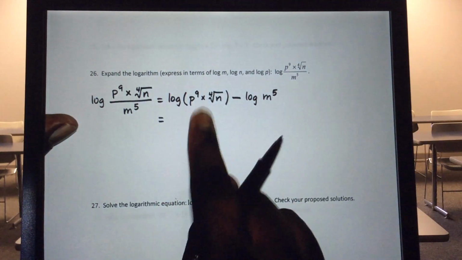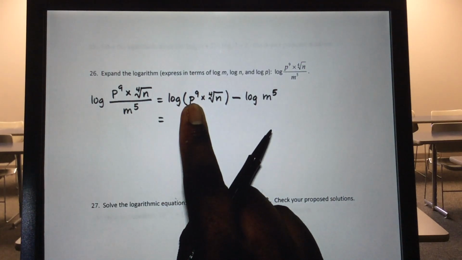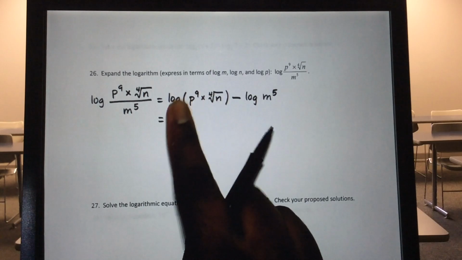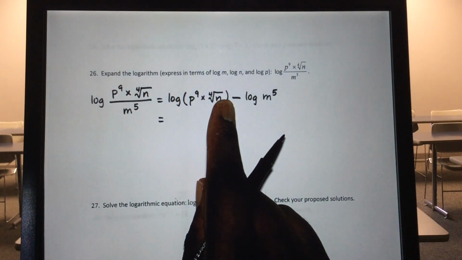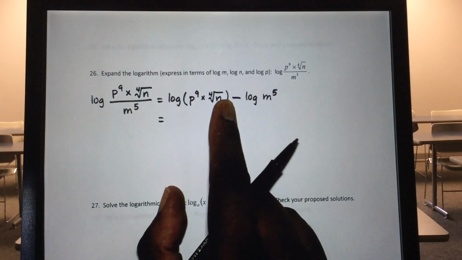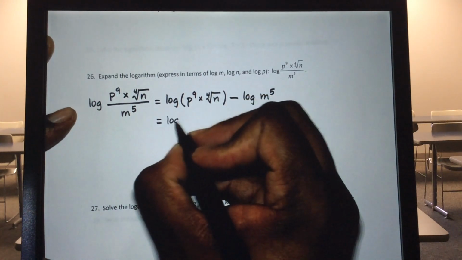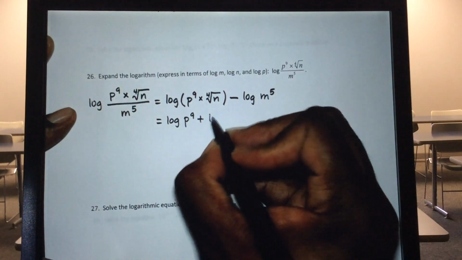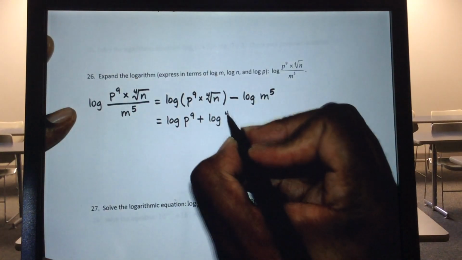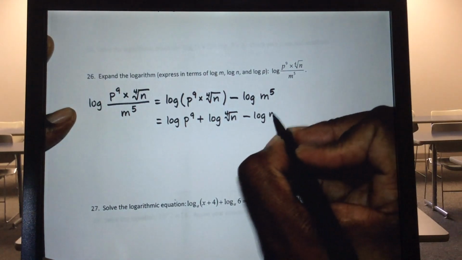Now for this first term right here, there's a times sign in between p to the 9th and the 4th root of n. That tells me I have the log of the product. I need to apply the product rule by expanding that as the sum of their individual logarithms. So here, I'm going to expand that as the log of p to the 9th plus the log of the 4th root of n. Then bring down minus log of m to the 5th.